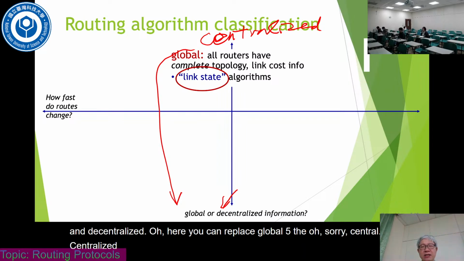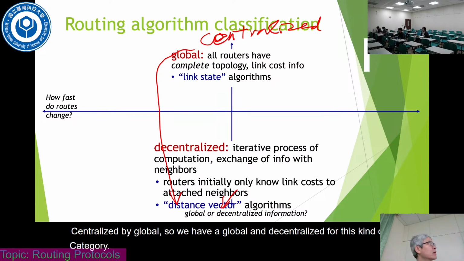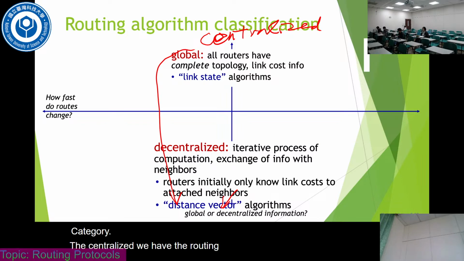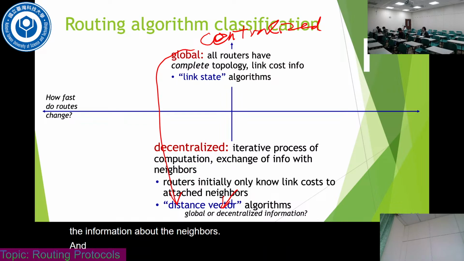So we have global and decentralized for this kind of category. For decentralized, we have the routing algorithm distance vector, where you know the information about the neighbors and you cannot know the global information.